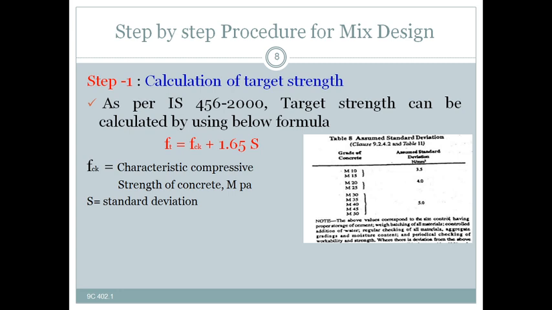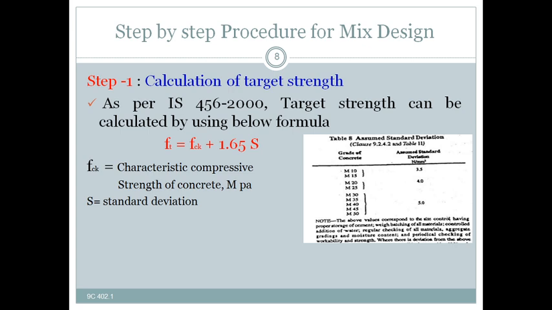The first step is the calculation of target strength. We know characteristic strength and compressive strength. What do you mean by target strength? If you want to design a mix proportion for an M20 grade of concrete, you know the characteristic compressive strength of that concrete is 20 Newton per mm square. If you take that particular strength and design the mix proportion, you may get wrong proportions, because mixing concrete involves a lot of work with the labourers.